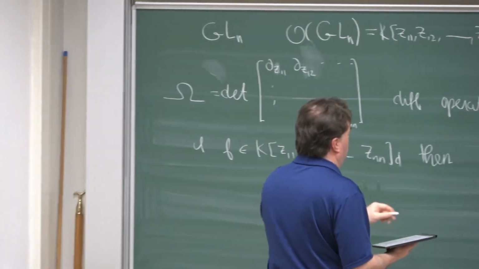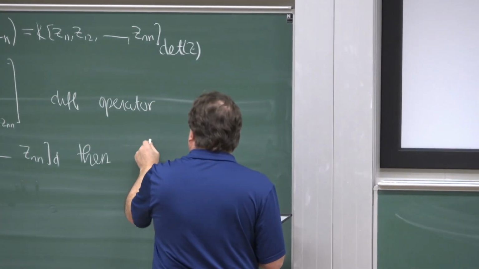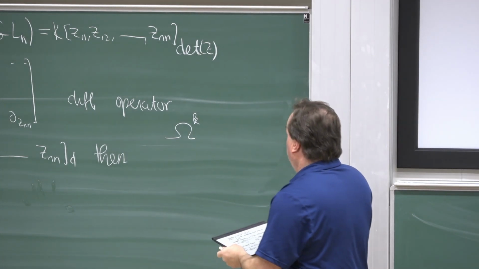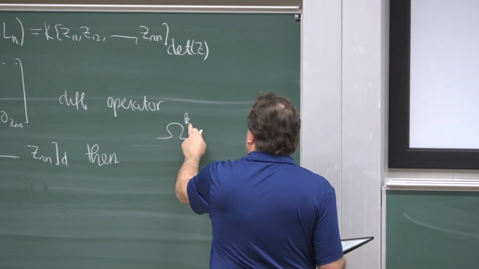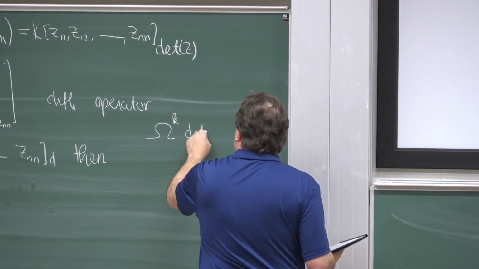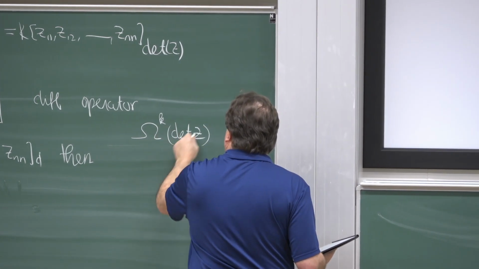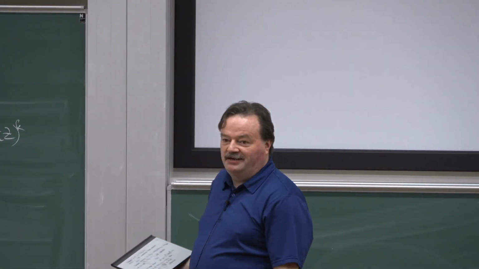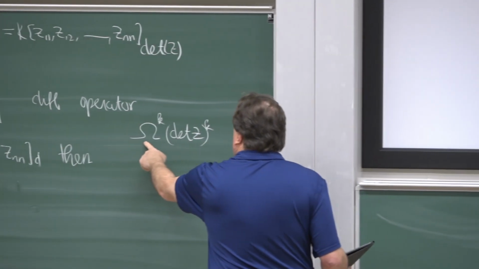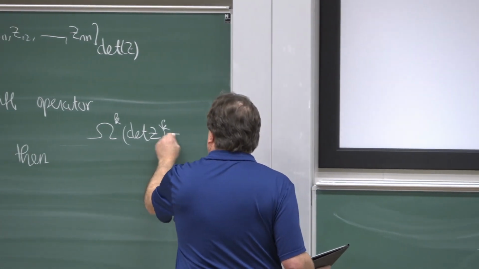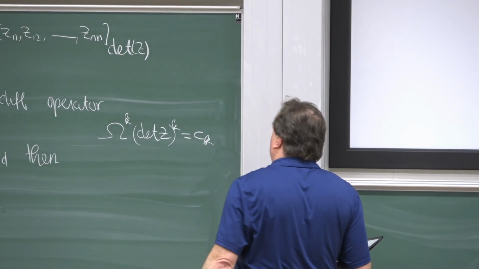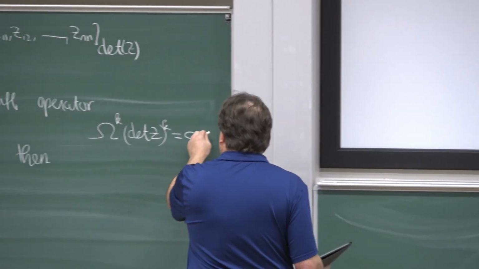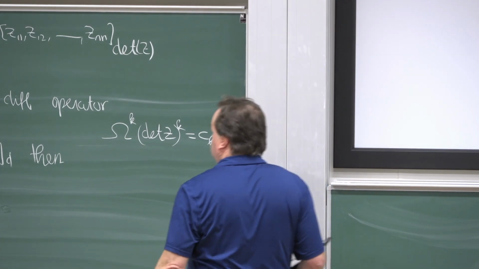Let me define: we can apply this omega to the power k to the determinant of z to the power k. This differential operator decreases the degree by n, and so if I apply this, it will be a constant, which you can actually show is a positive constant.